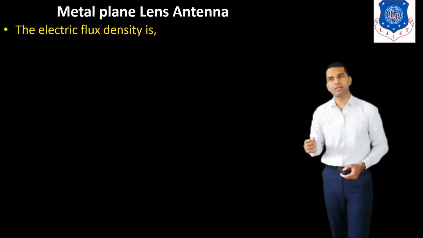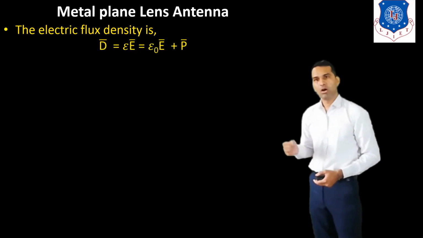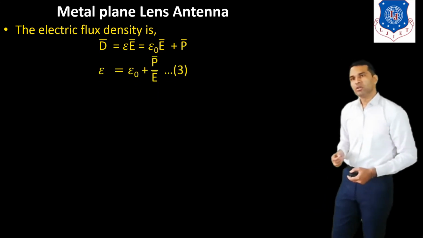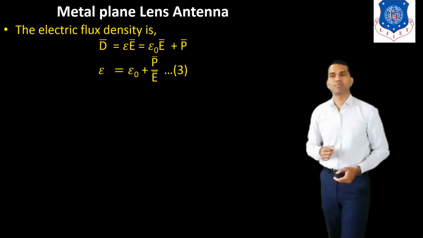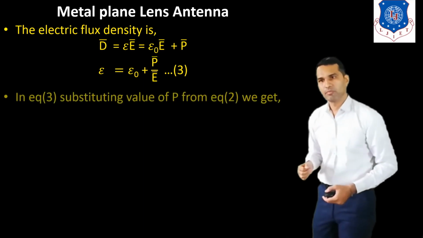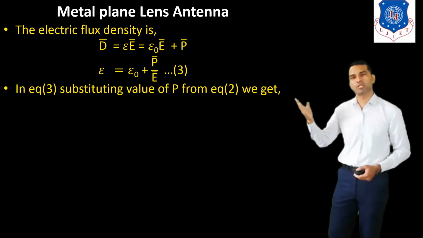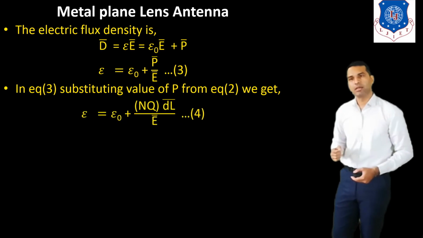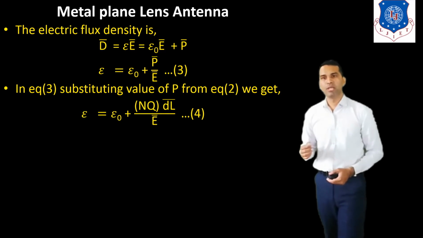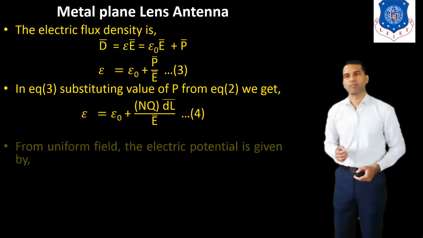Now the electric flux density is D equals epsilon into E, or we can simply write it as epsilon 0 E plus P. So from this equation we can write epsilon equals epsilon 0 plus P upon E. In equation number 3, we substitute the value of P from equation number 2. So we get epsilon equals epsilon 0 plus, in place of P, N q dl upon E.